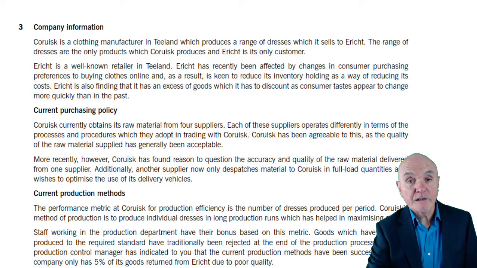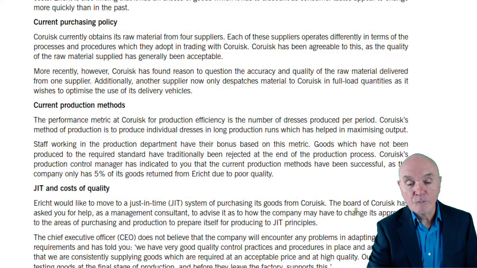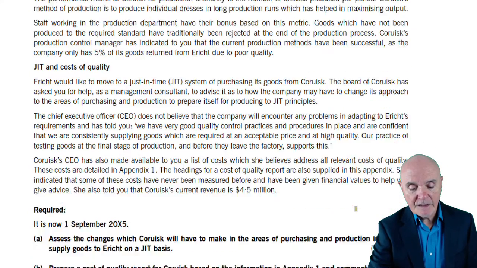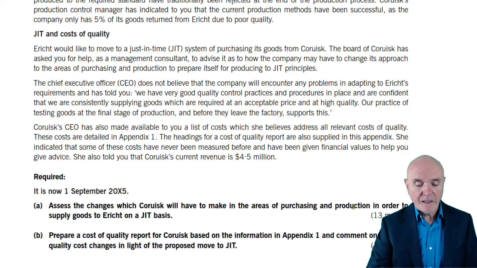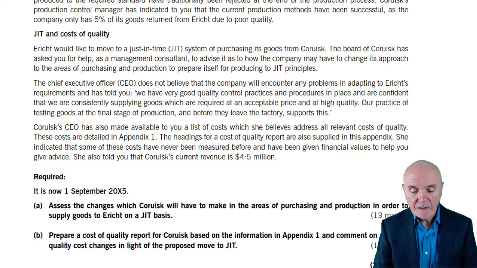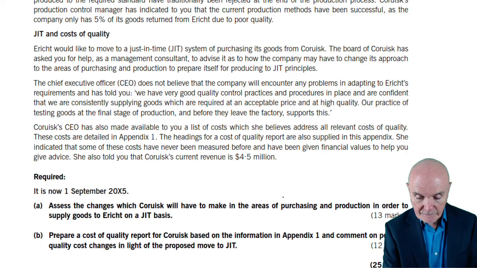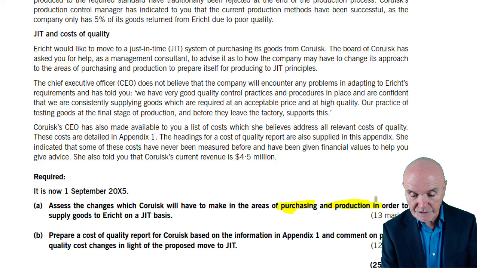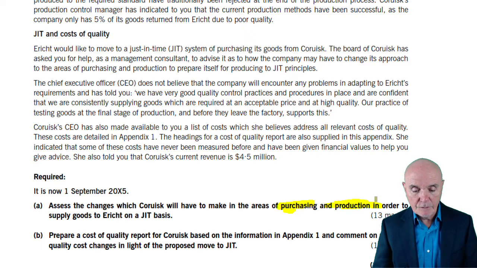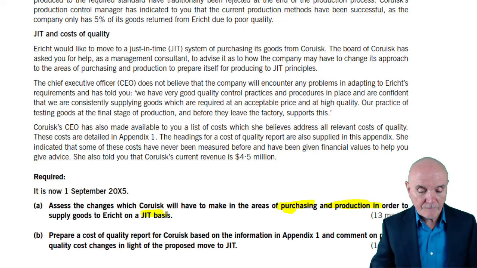As always, we'll go to the requirements to kind of alert us, roughly speaking, what this question is concerning. And we see here, assess the changes which CORUSC will have to make in the areas of purchasing and production. So let's emphasize those two. Purchasing and production in order to supply goods on a just-in-time basis.